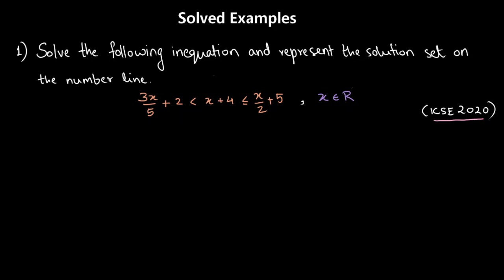Now, whenever we've been given a question like this, we need to divide the solving into two parts. The first part will be where I consider 3x upon 5 plus 2 less than x plus 4.